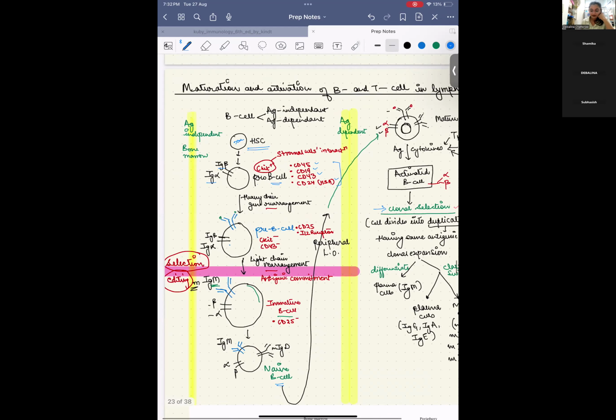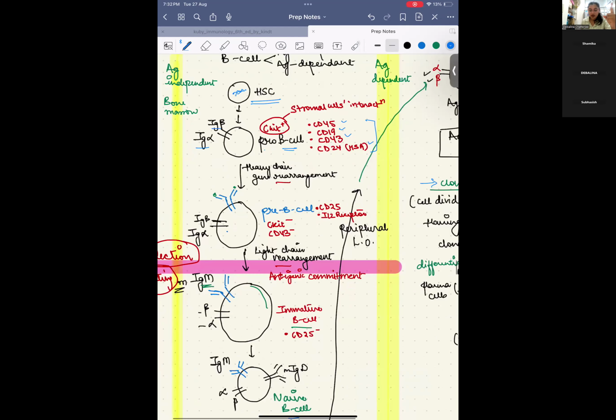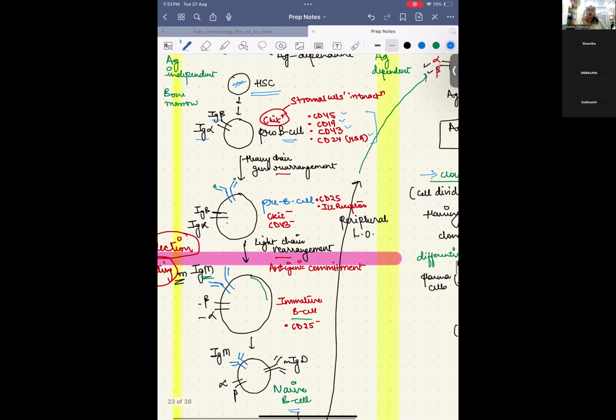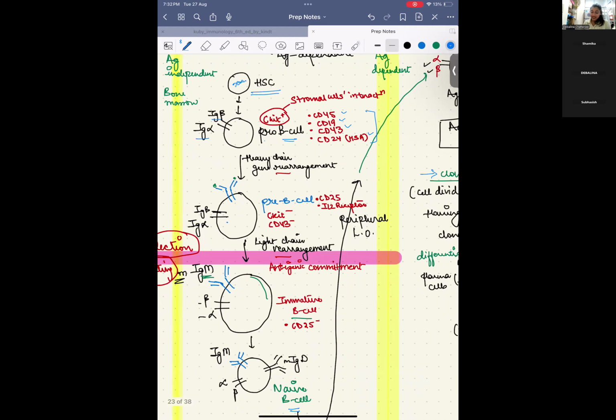Whenever we have the heavy chain, the first thing to happen is heavy chain rearrangement. Since the naive B cells always have IgD and IgM molecules coming up, what do you think will be the ultimate result of this heavy chain gene rearrangement?